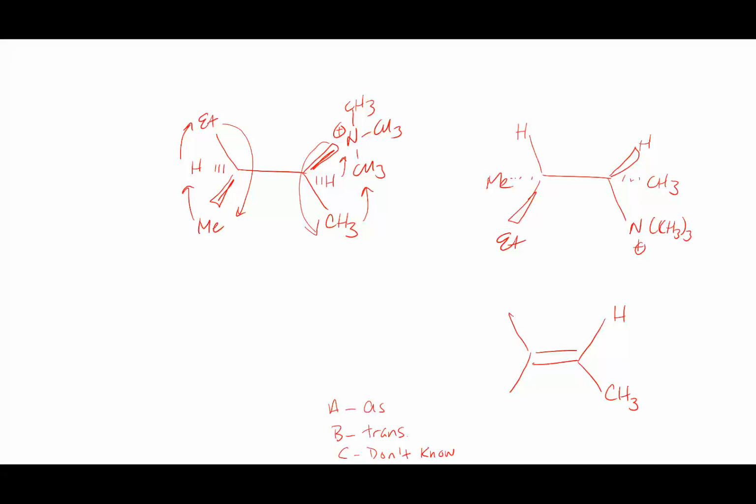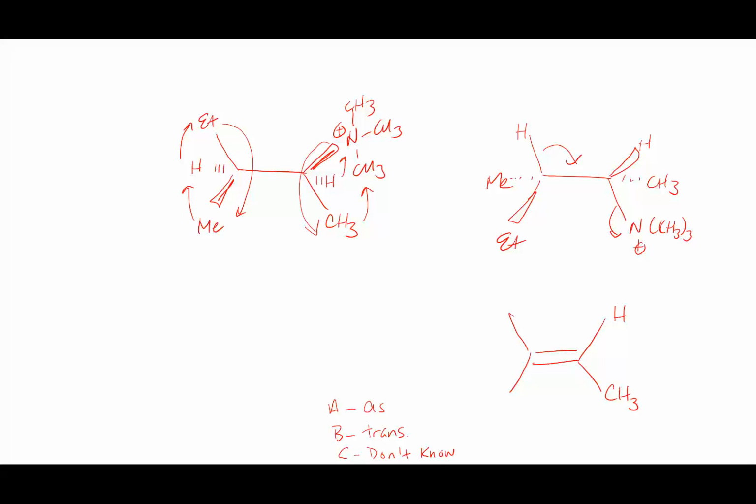So in my existing Newman projection, I want to make the beta hydrogen and the nitrogen leaving group anti-periplanar, which I've just done. And so now that hydrogen's going to go there, and the nitrogen is going to leave.